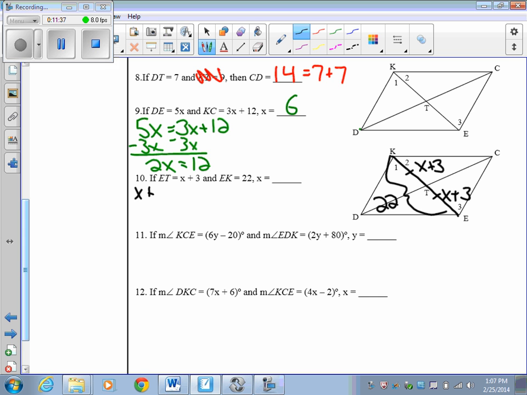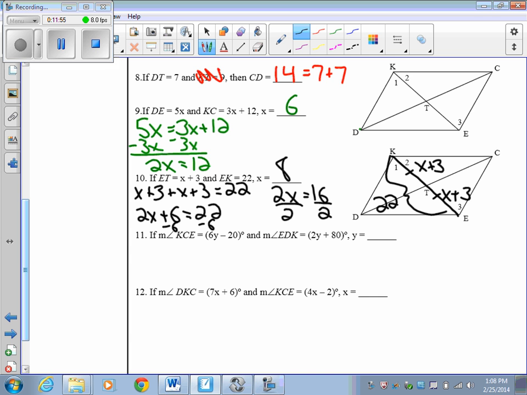So we could say x plus 3 plus x plus 3 is equal to 22. Combine like terms, we get 2x plus 6 is equal to 22. Subtract 6. 2x is equal to 16. And lastly, divide by 2. We get x is equal to 8.